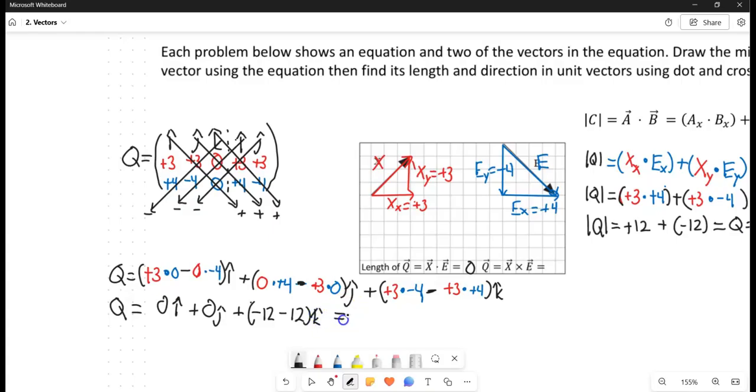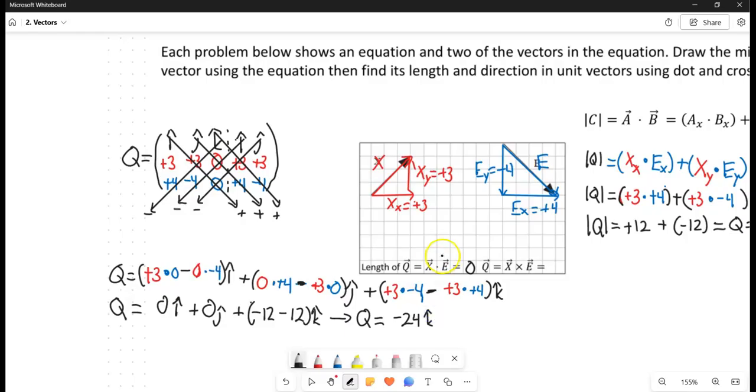So Q is going to be equal to, oh boy, that hat turned crazy. So Q is going to end up being only in the k-hat direction, and that looks like it's going to be negative 24 k-hat.